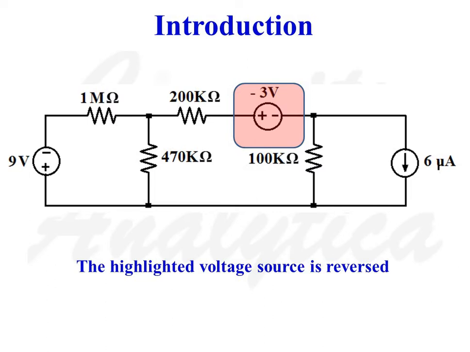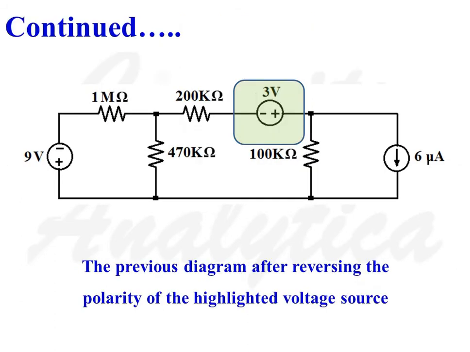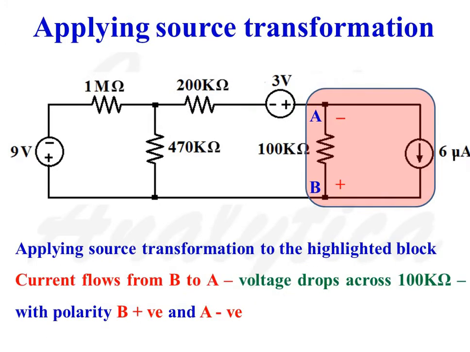So in the given problem, the highlighted voltage source must be reversed like this. The current source of value 6 microampere connected in shunt to resistance of value 100 kilo ohms can be replaced with a voltage source in series with a resistance of value 100k.